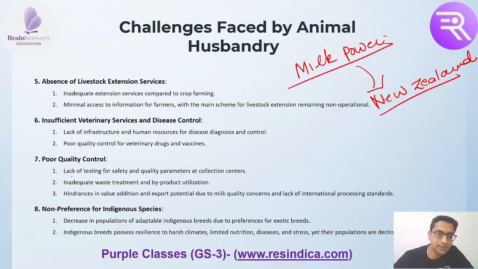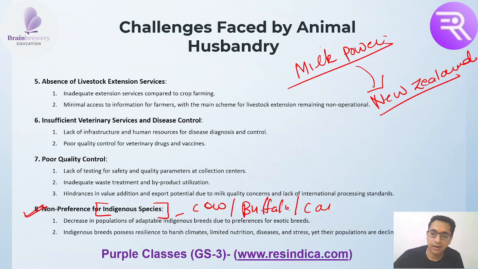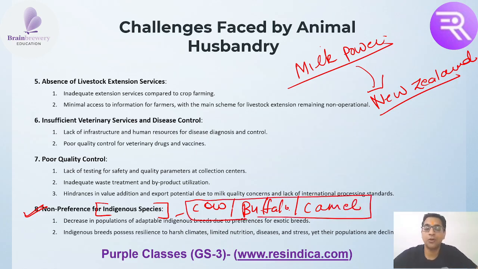Then non-preference for indigenous species. We have a lot of indigenous species of cow, buffalo, then camel. We have our local varieties, but we are more focusing on the international breed.